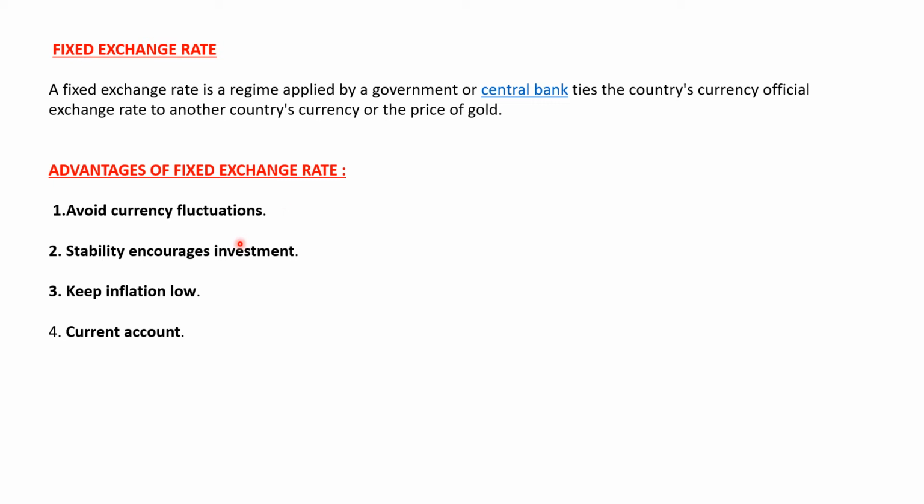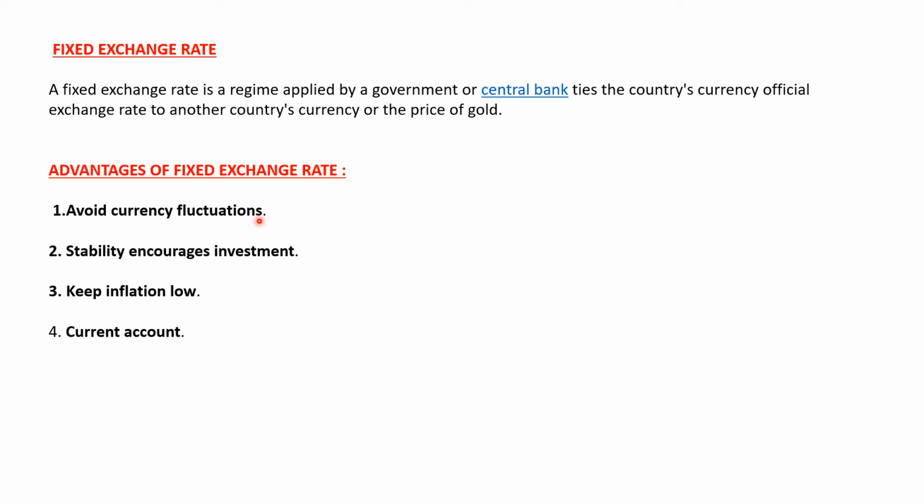For example, if an Indian firm is selling or exporting raw material to the USA, a rapid increase in the value of the Indian currency would make exports uncompetitive. So it is better to have one fixed exchange rate. So this will avoid the fluctuation in the currency.